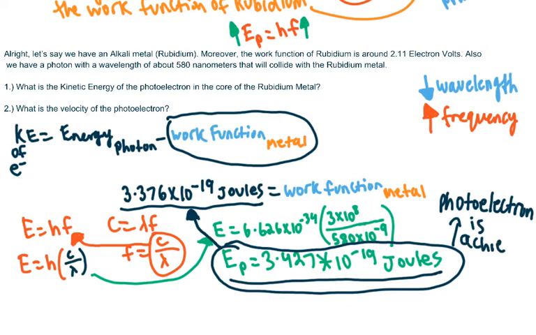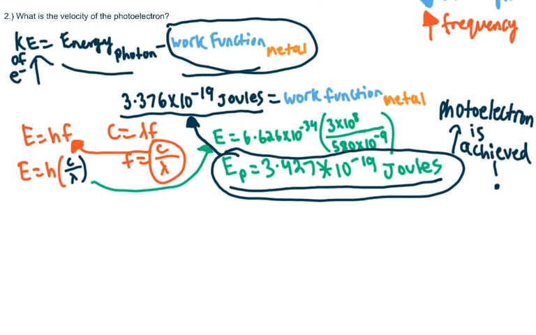Now that we know the energy of the photon and the work function, we can literally subtract the two and find the kinetic energy of the electron, because we know it has kinetic energy. It was just freed from the core to the surface, so it moved, which means it had velocity, which means it had kinetic energy, because an electron has mass. Let's calculate the kinetic energy, and that will be our answer for number 1.